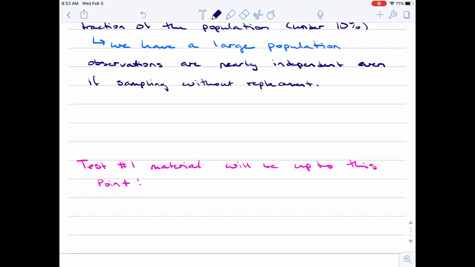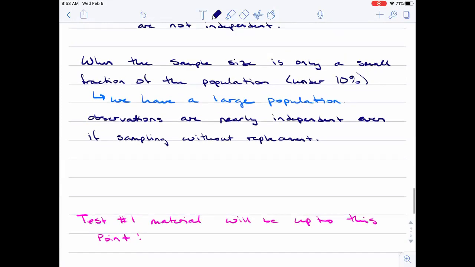So it just depends on if you're pulling from a small population or a large population. This is kind of counterintuitive, because probably coming into this course, the one thing you did know was, well, I have to have a large enough sample size. Small samples are bad. And so now we're putting on a restriction.